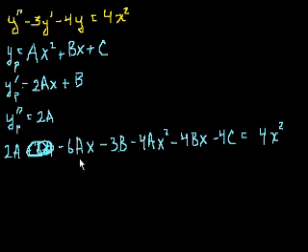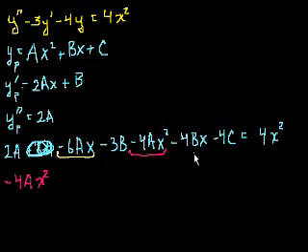Now let's group our x squared, our x, and our constant terms, and then we could try to solve for the coefficients. So let's see. I have one x squared term here, so it's minus 4ax squared. And then what are my x terms? I have minus 6ax minus 4bx.